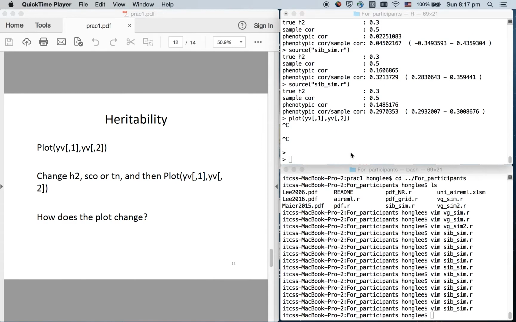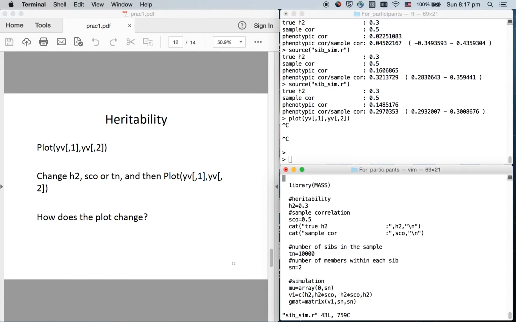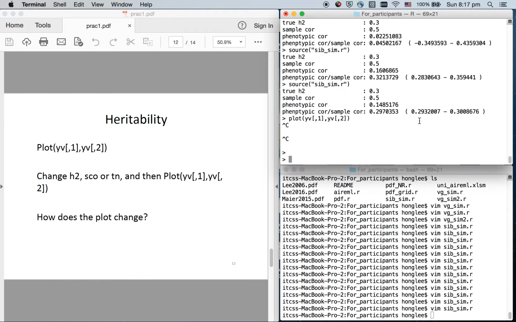Yeah, so now let's plot the phenotypes for the first SIP and second SIP. You probably need to change from millions to 10,000. I have already done that. Then we try again for the simulations.